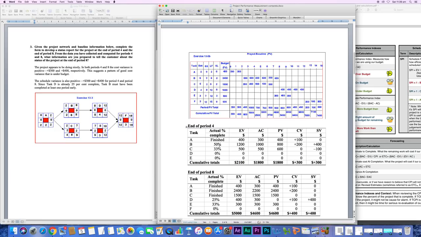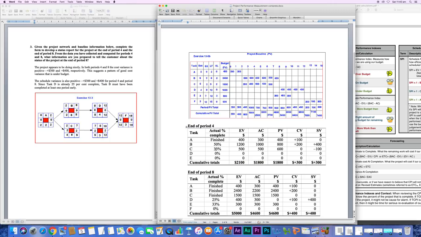Activity B, actual percentage complete is 50%. Budget for this activity, or plan value, is 800. But the earned value is 50% times the total budget for activity B. I'm sorry for this. So 50% times 2,400 is 1,200.